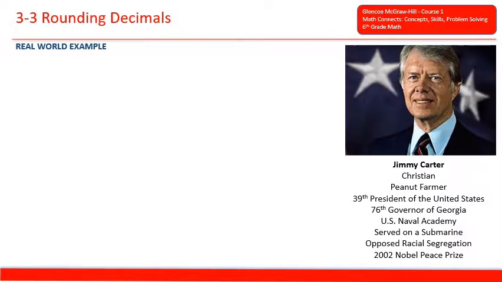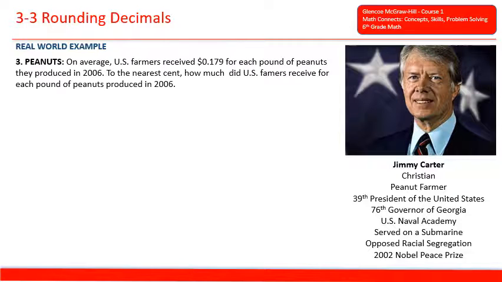Real world example. So Jimmy Carter, he's a Christian, a peanut farmer, 39th president of the United States. 76th governor of Georgia. Went to the U.S. Naval Academy, served on a submarine, opposed racial segregation, 2002 Nobel Peace Prize. So what matters here is he was a peanut farmer.